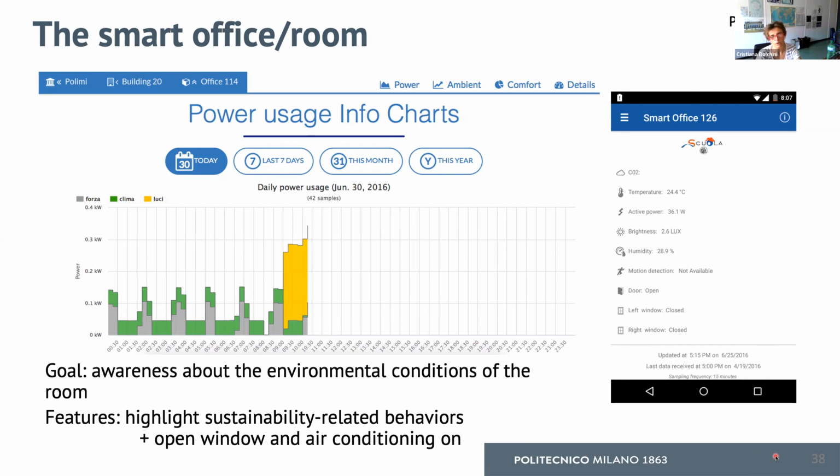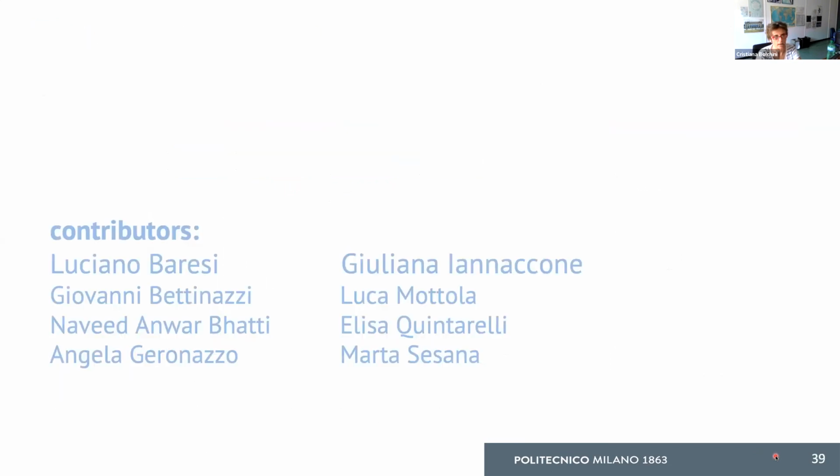I think that the bottom message I want to give, while I show the contributors to several of the aspects that we've been discussing here, is that it's not so difficult to decide to collect information, and there are so many choices that can enable some smartness within the building or the spaces or our own home or whatever.